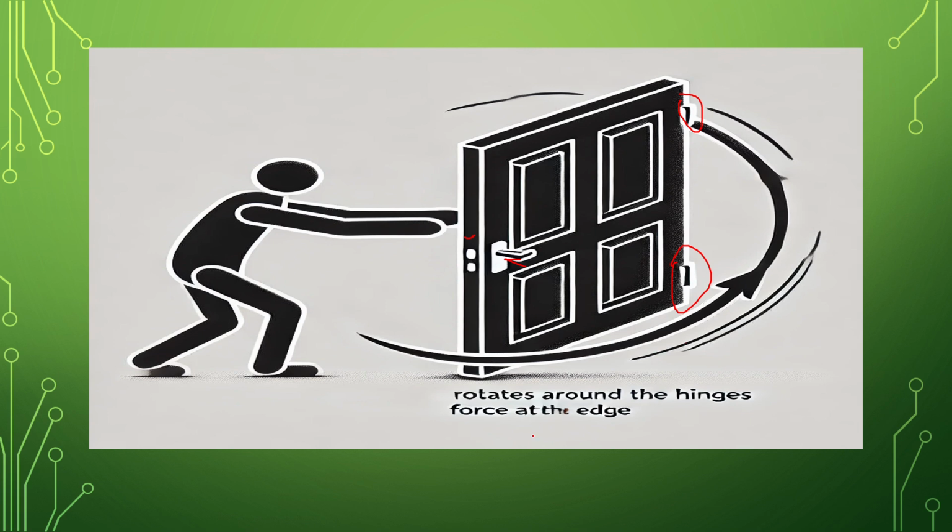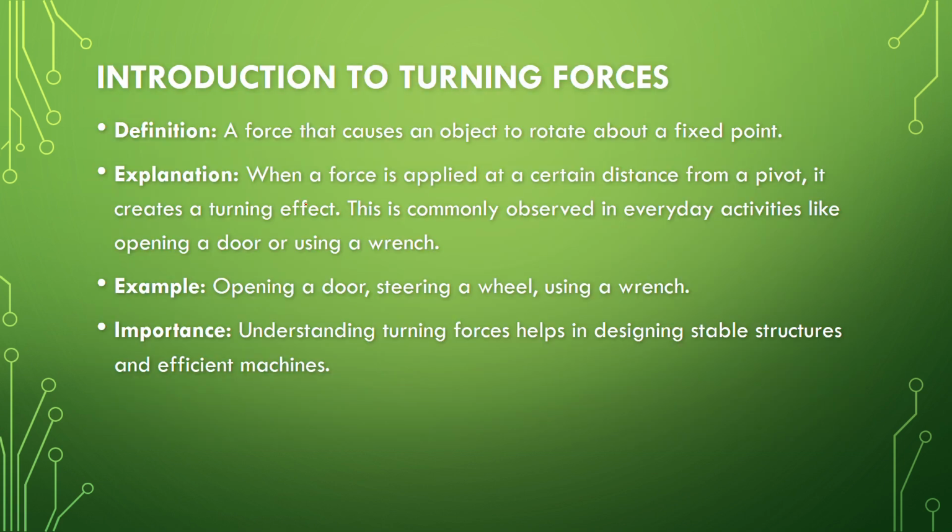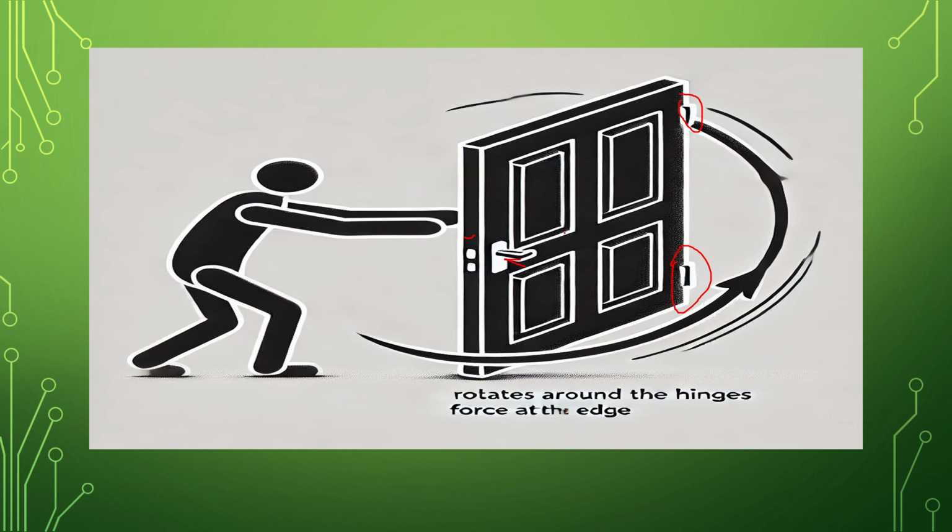Okay. So next. Explanation: when a force is applied at a certain distance from a pivot, it creates a turning effect. This is commonly observed in everyday activities like opening a door or using a wrench. I didn't have a photo of a wrench, so I showed you this.